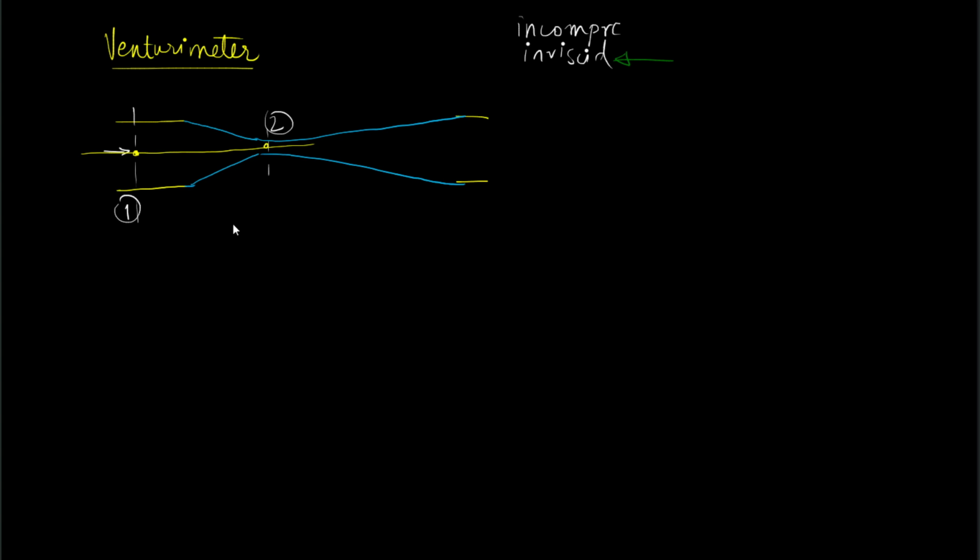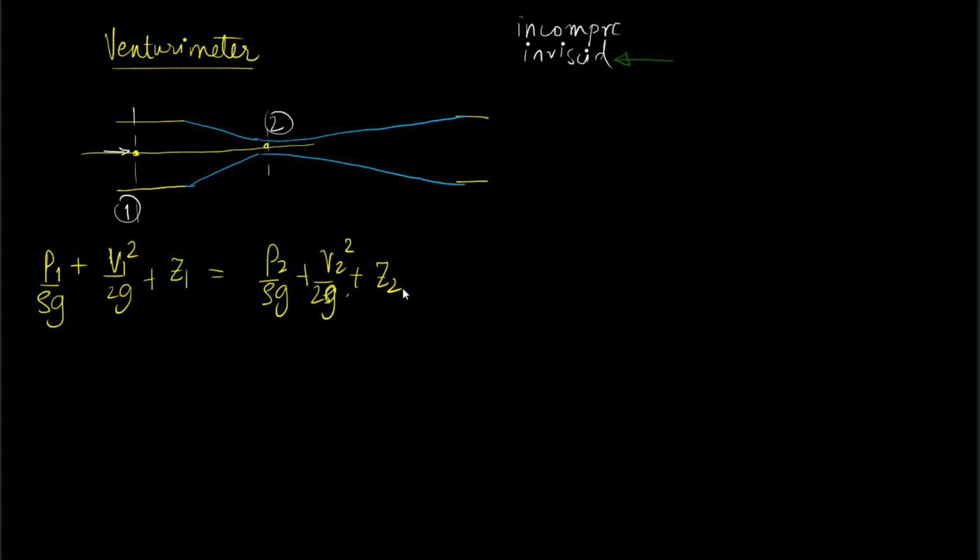So let us see what we obtain. So we will have P1 plus, or rather let us write it in terms of head, P1 by rho g plus V1 square upon 2g plus Z1 is equal to P2 upon rho g plus V2 square upon 2g plus Z2.